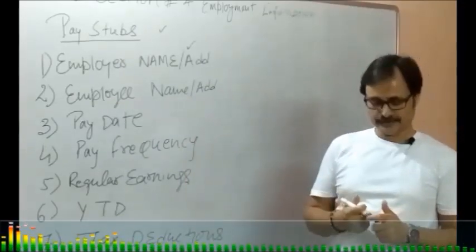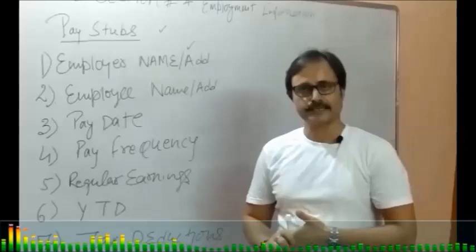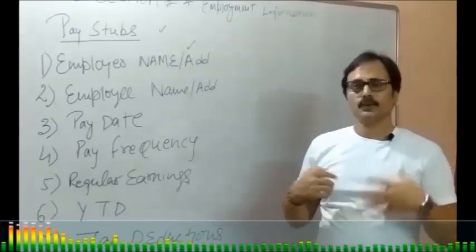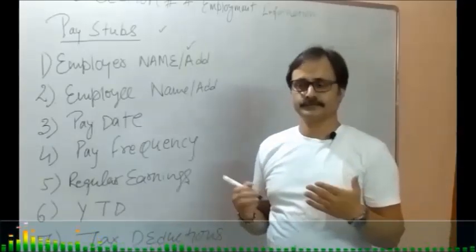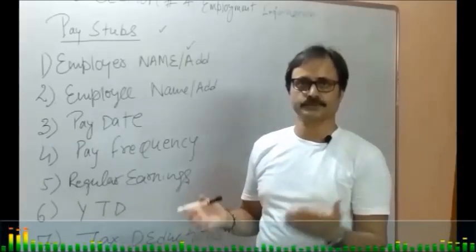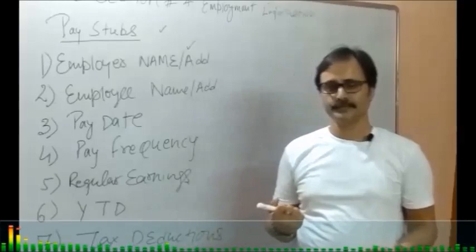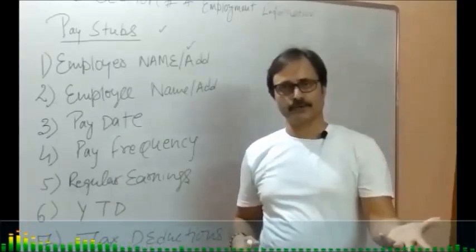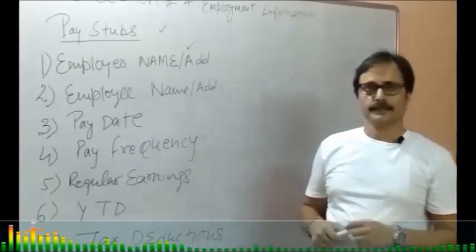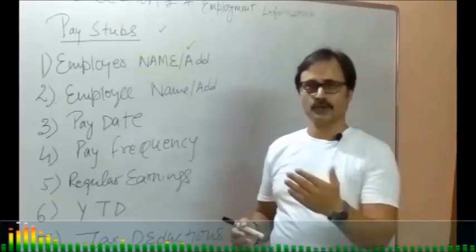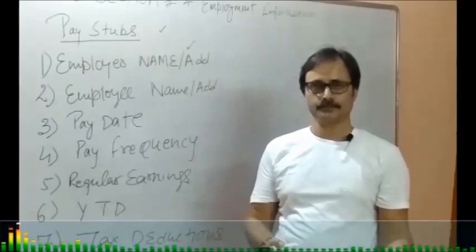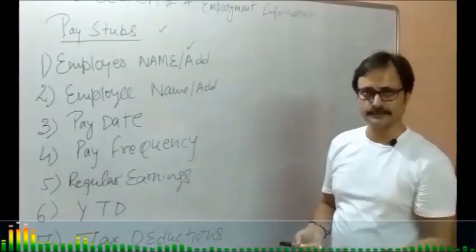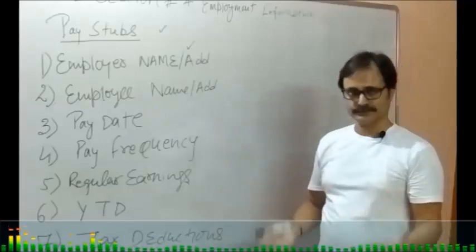Employee name is again mandatory, because how can I determine whether the pay stub or pay slip given to me belongs to me? If I, as a borrower, am applying for a loan and I say I'm earning $10,000 per month, then I need to give proof. I give the lender a pay stub and say this is my pay stub.